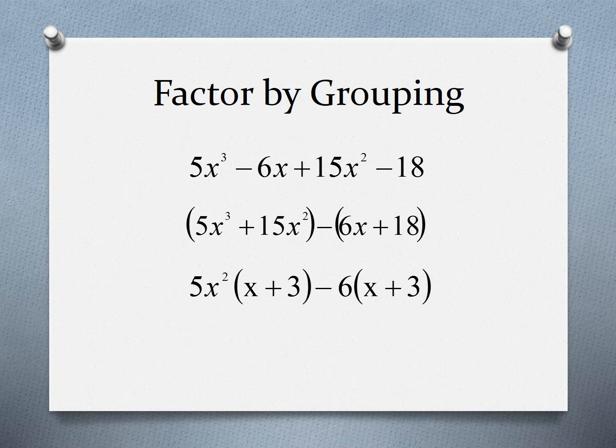The second part of the problem, notice how I pulled out a negative 6. So it's important that you let that negative unmultiply from that 3 as well. So notice how when I pulled out that negative 6, then the negative came out of the 18, if you will, and left back a positive 3, which allows that x plus 3 to match on both sides of the problem.